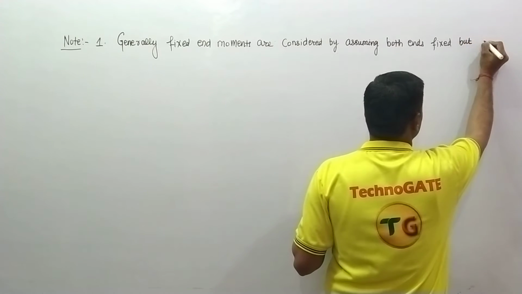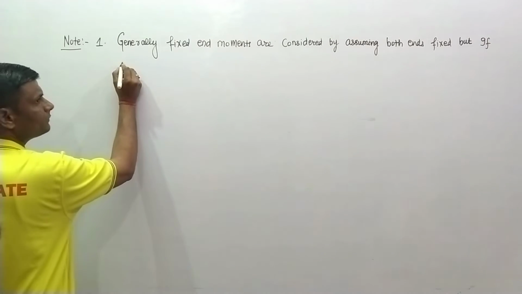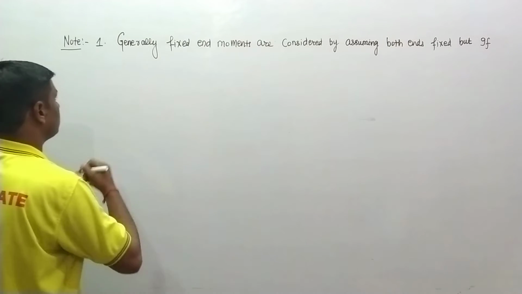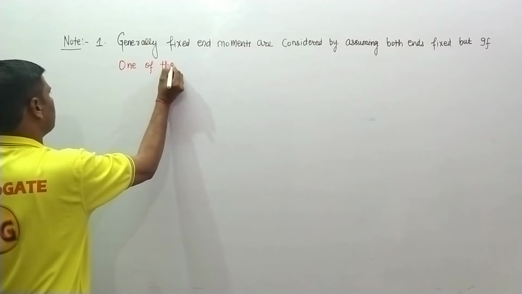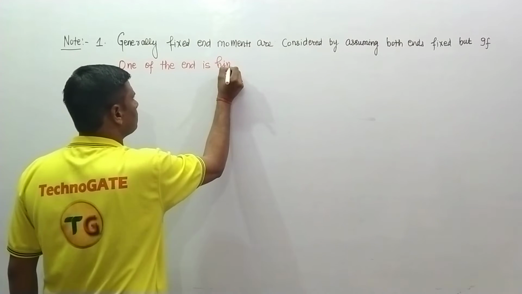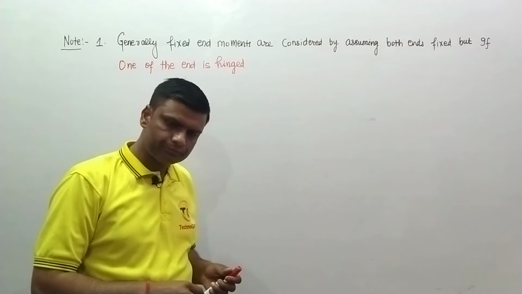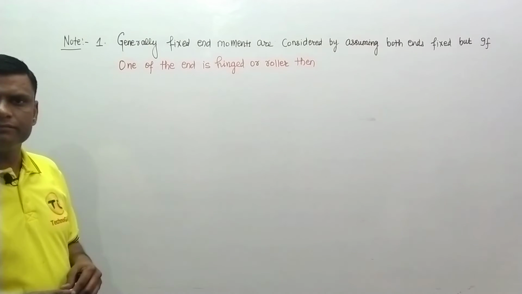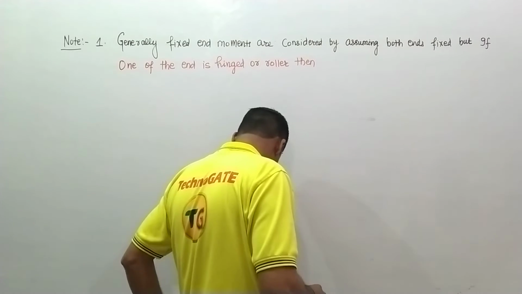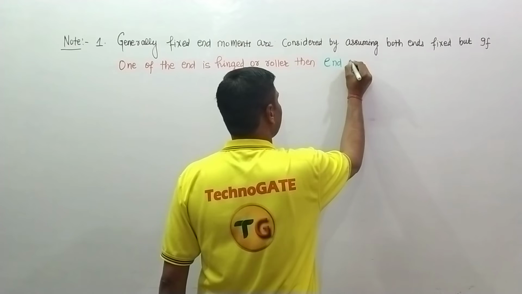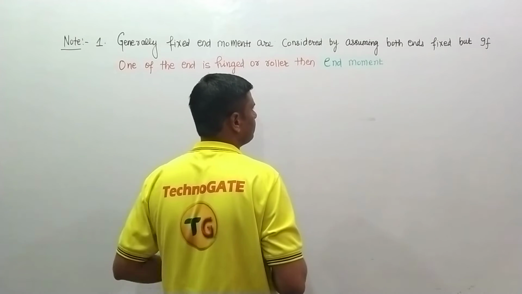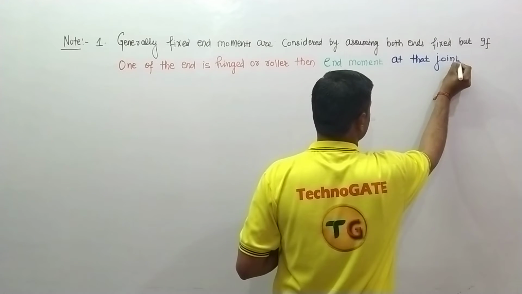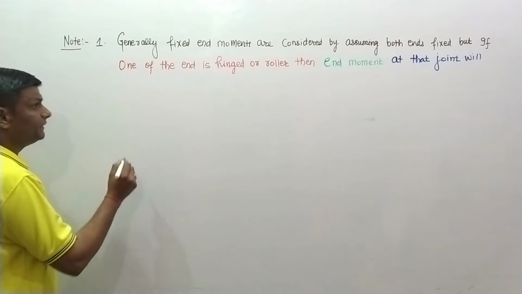But if one of the ends is hinged or roller, then the end moment at that joint will be 0.